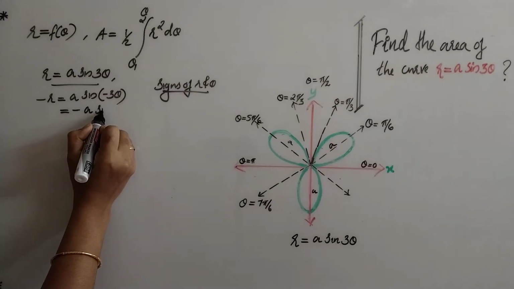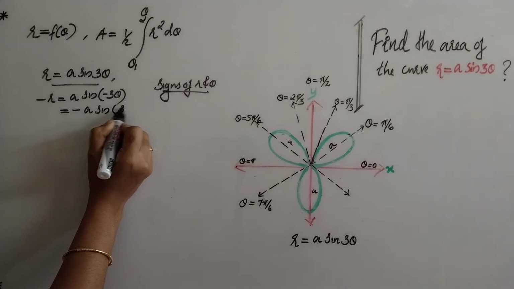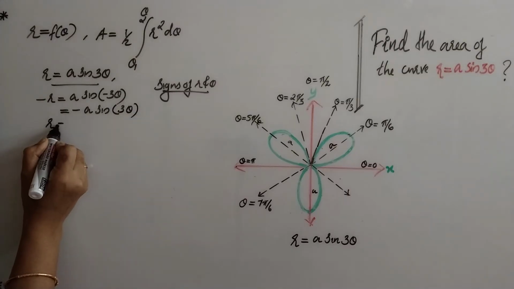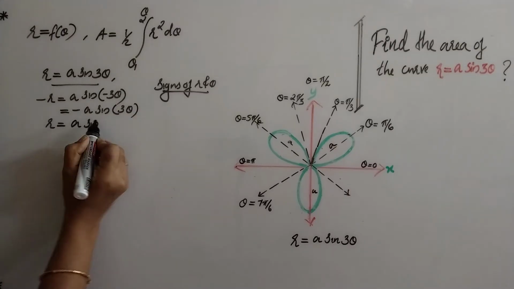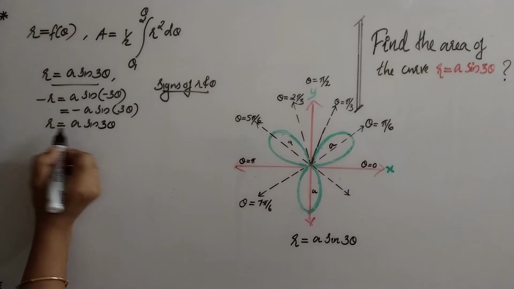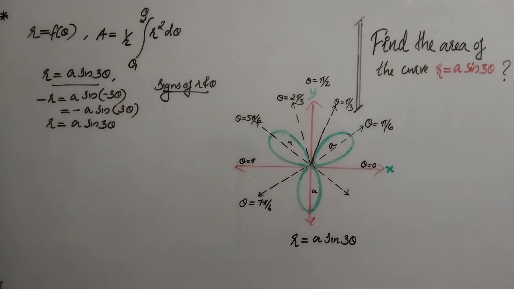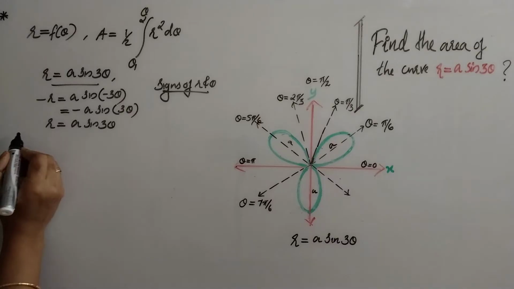So here minus a sin 3 theta. So this becomes r is equal to a sin 3 theta itself. So if we change the signs of r and theta, the equation has no change. So the given curve is symmetrical about the line theta is equal to pi by 2.